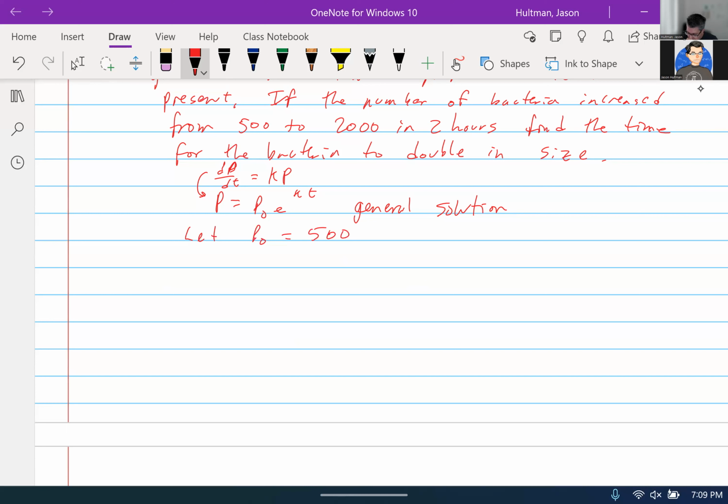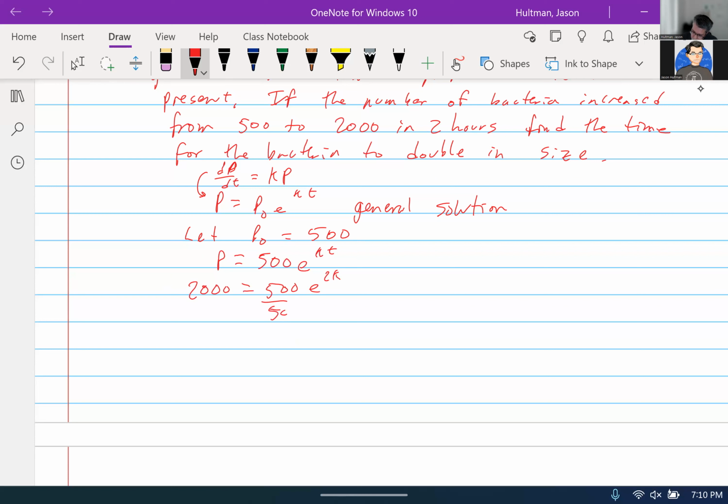Let's solve for k. Let's figure out what k has to be. P is equal to 500 e to the kt. After 2 hours, I should have 2,000 bacteria in the culture. So 2,000 is equal to 500 e to the 2k.